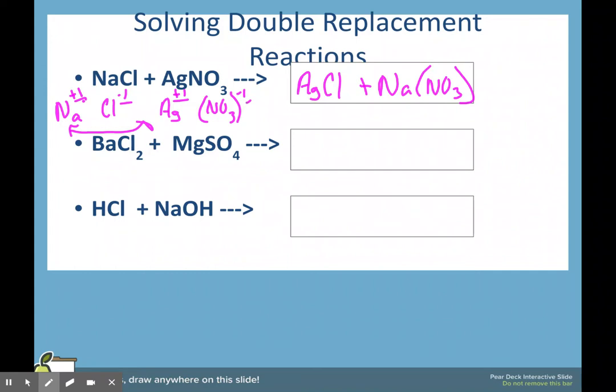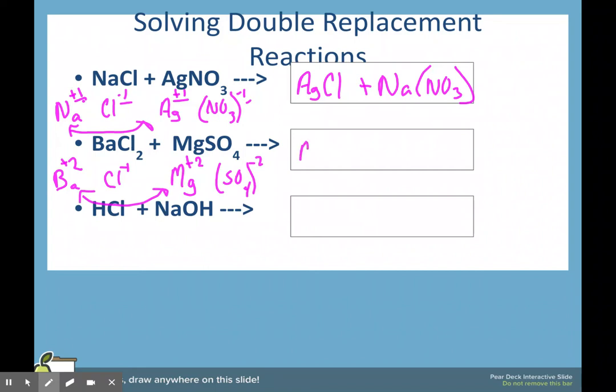What about the next one? We've got Ba and Cl2. Ba is a +2, and Cl is a -1. Mg is +2, and SO4 is -2. So we're going to swap the Ba and the Mg.